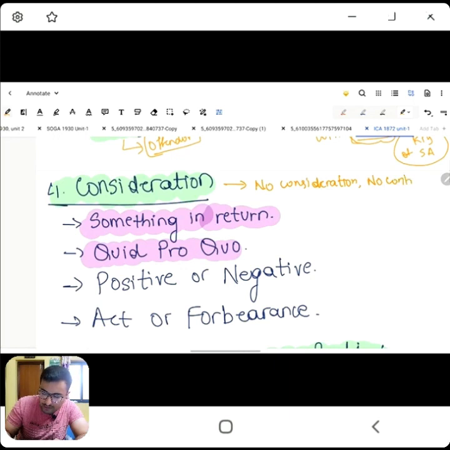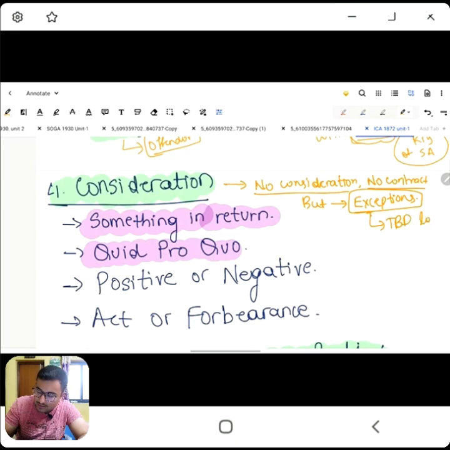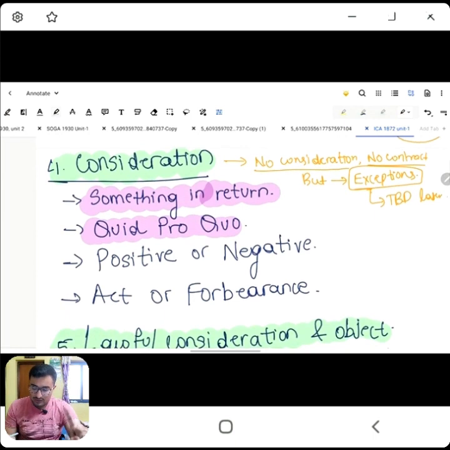If you're not giving me something in return, it will not be called a contract. But there are some exceptions, because whenever there is a rule, there have to be some exceptions, right? We will discuss them later. But the general rule says there has to be something in return. If there is no consideration, there will not be a contract.